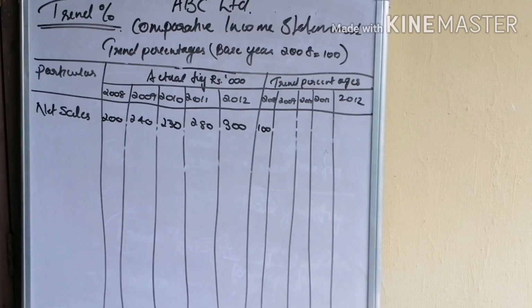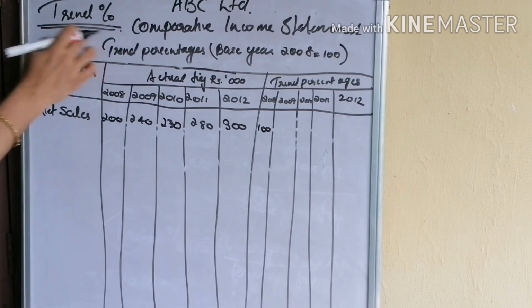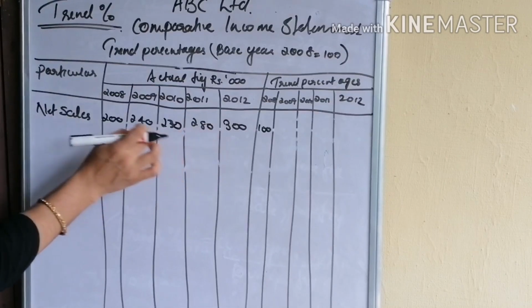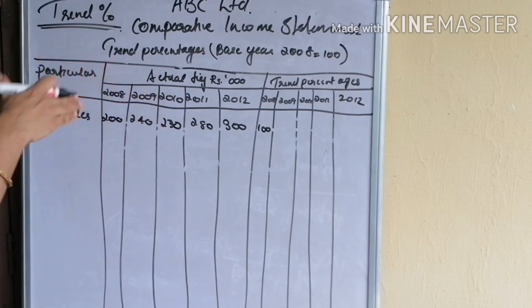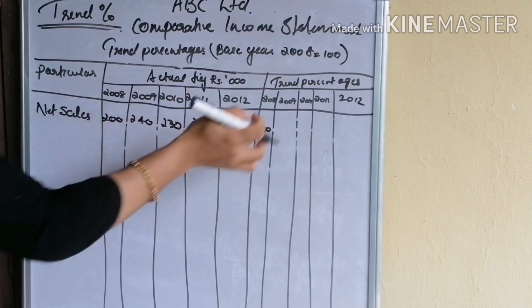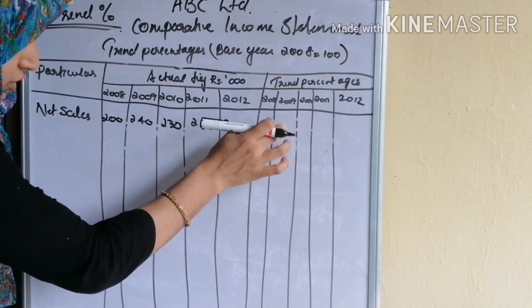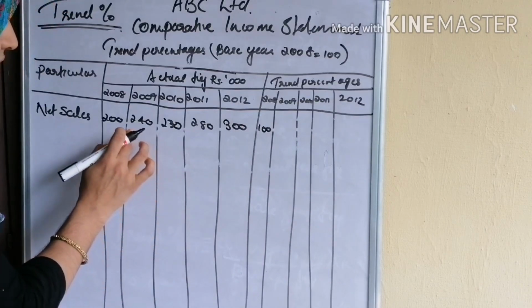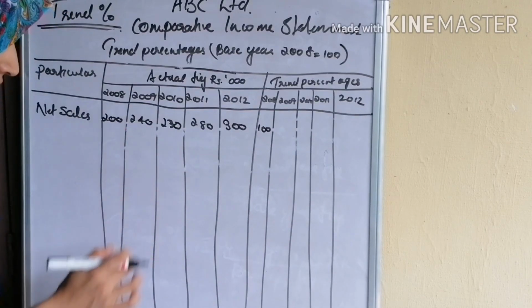We already said the equation in trend percentages: current year figure divided by base year into 100. So we find the trend percentage of 2009. The amount of 2009 is 240.